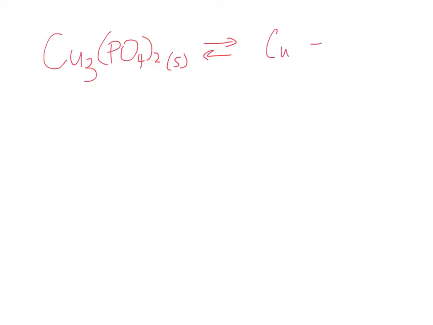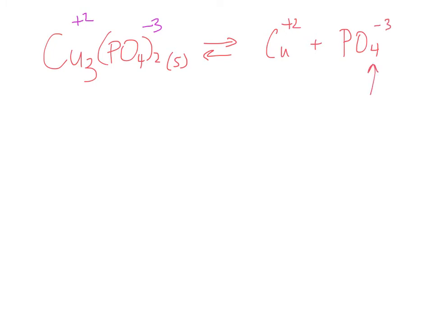So let's look at which of those subscripts move to the other side and which don't. Phosphate I know is a -3 charge, and since there's 2 of them, that probably tells me that copper is a +2 charge. So over on the right-hand side, the copper is +2 and the phosphate is -3.